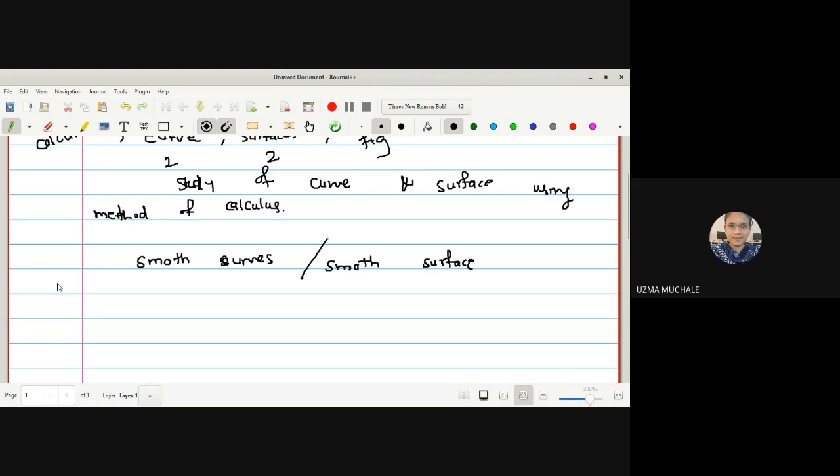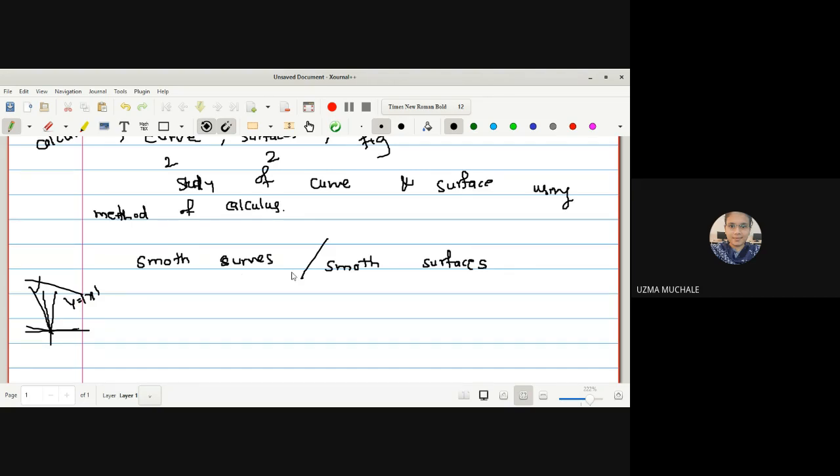In the whole syllabus, we are not going to study a peaked curve or surface, like this one, which is nothing but y equals mod x. These types of curves we are not going to study. We are going to study only smooth curves and smooth surfaces.